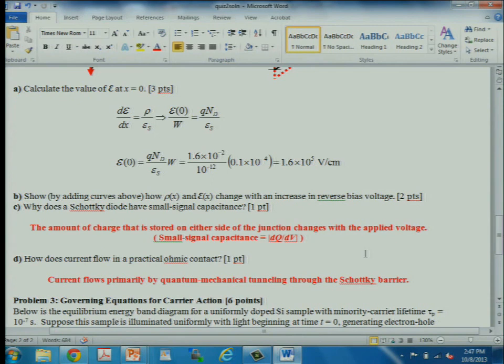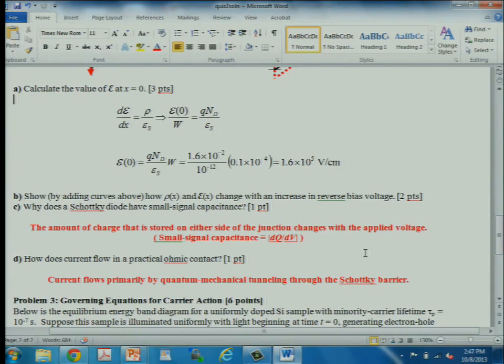Okay, so why does the Schottky diode have small signal capacitance? So the answer is basically the amount of charge that is stored on either side of the junction changes with the applied bias, or the applied voltage. So when you change the voltage, you have to change the charge. So small signal capacitance is defined to be the amount of change in charge required for a given change in voltage. That's just the definition of small signal capacitance.